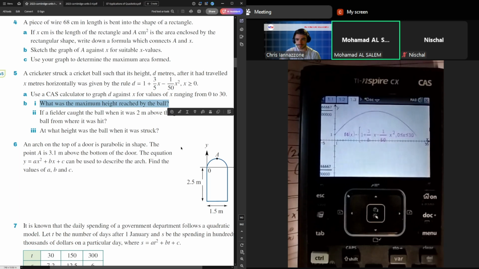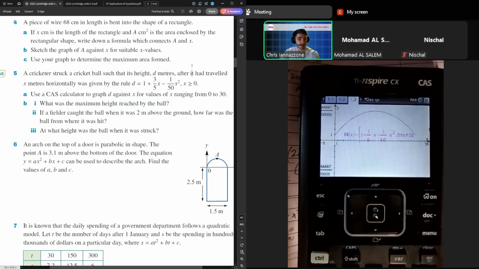Do we do minus b over 2a? So that, I mean, yeah, that is one way of going about it. Because you're trying to find the peak, right? Because height is d, and since it's a d equation, d is on our y-axis. And so if you are looking at this graph and you're saying, yes, the maximum height is in fact the peak of the parabola, then yeah, you could use the negative b over 2a to find the x and then get the corresponding y.